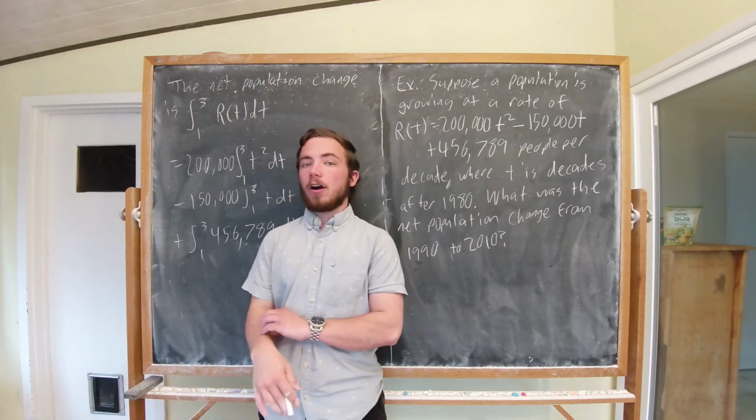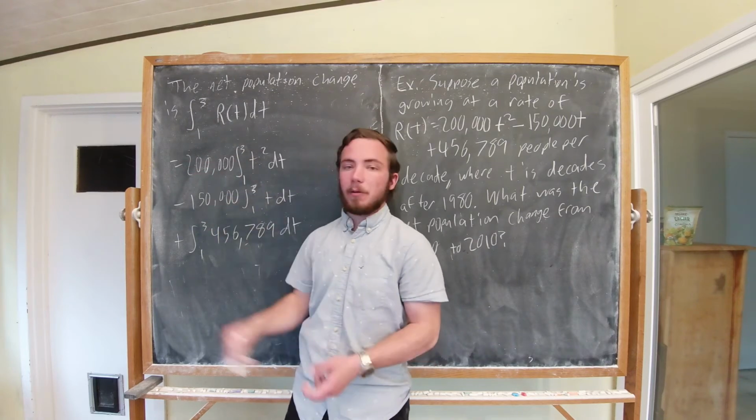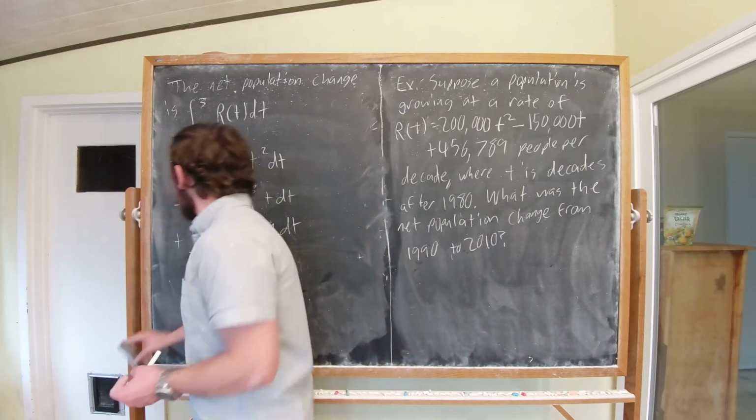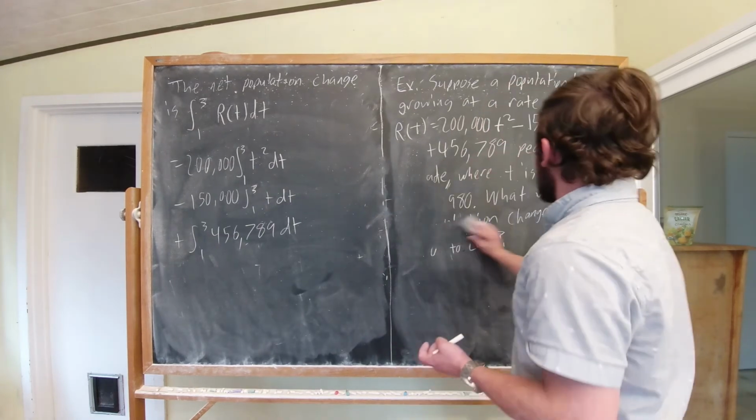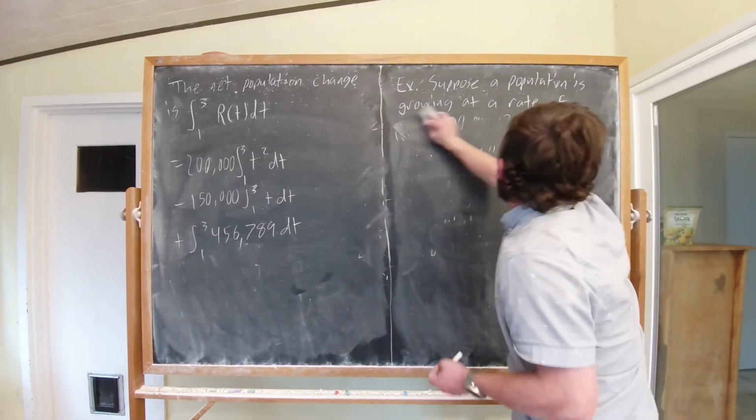So just using our sum rule and our scalar multiple rule to pull those things out. It's also possible to leave them in. Take your pick. Does not matter.